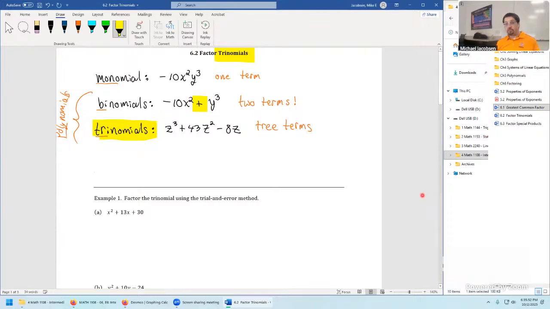Just for another warm-up before we launch into the examples, let's FOIL one more thing. Let's FOIL something along the lines of 3x plus 7 times x minus 3. And I guess this needs instructions. Let's say multiply.